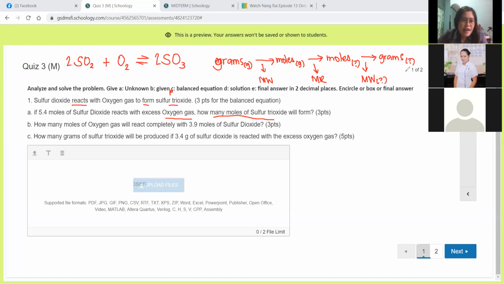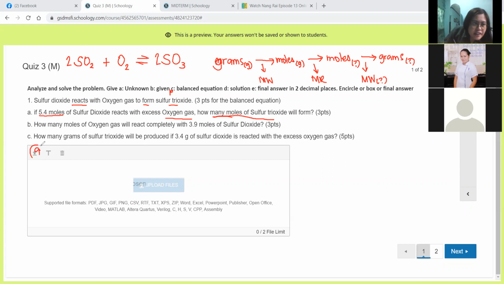So that is our pattern. But for letter A, the given is moles, and what is asked in the problem is also in moles. Therefore, in the pattern, you only need this part. It's moles to moles only. So you only need the mole ratio, which you can get from the coefficients.